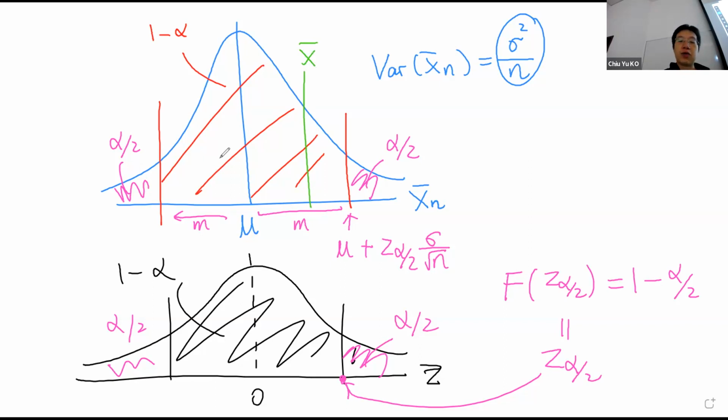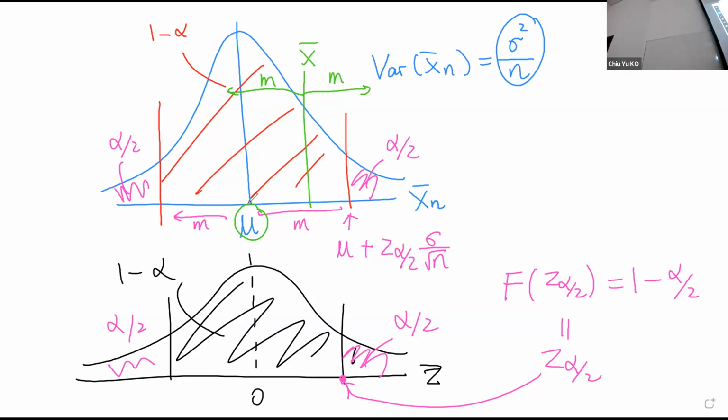And the way we go is to extend X bar by M, left and right. As long as X bar is within this region, you do this procedure, go left by M, go right by M, and it would include mu.